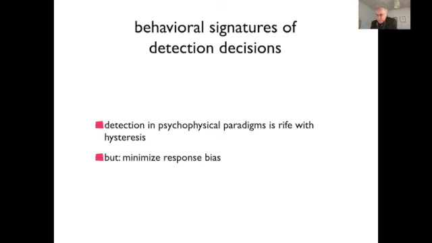Now, these kind of phenomena have been known since the early days of psychophysics, but they have often been dismissed as being just sort of a technical problem. One of these problems would be called response bias. That is, you're not seeing something, let's say, and then you're externally or internally saying, I don't see a thing, I don't see a thing.